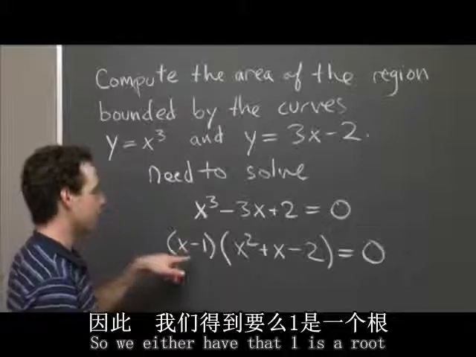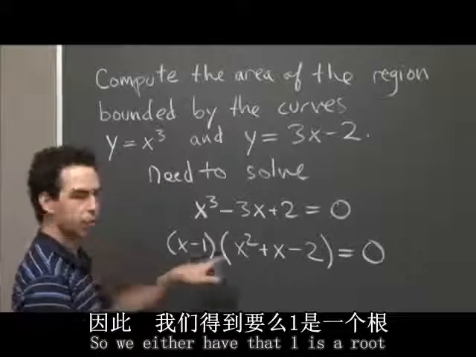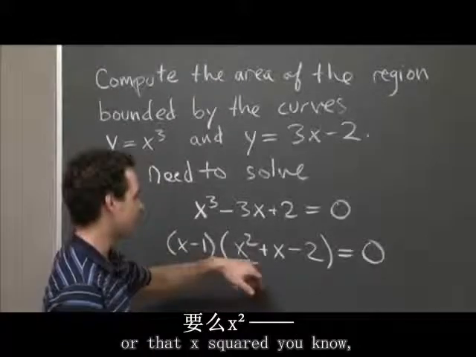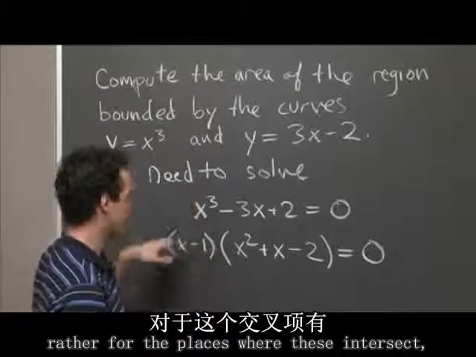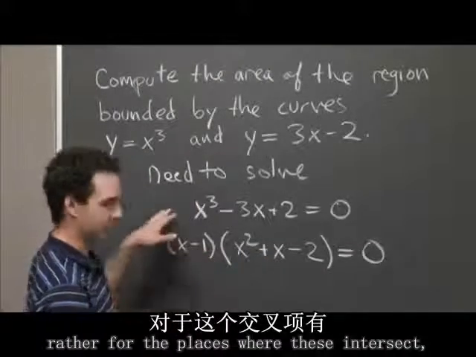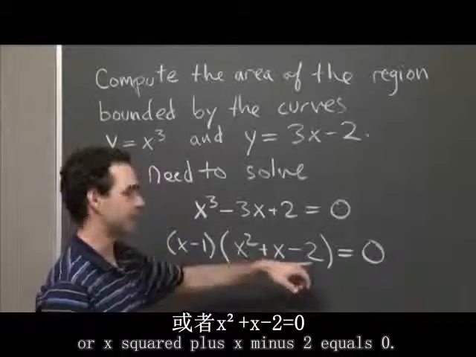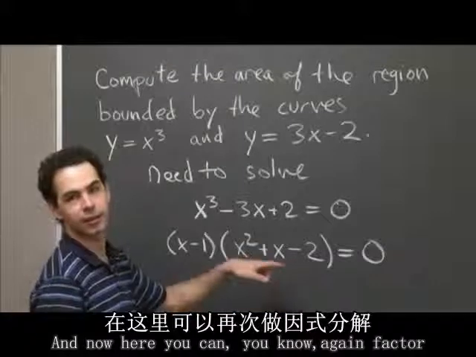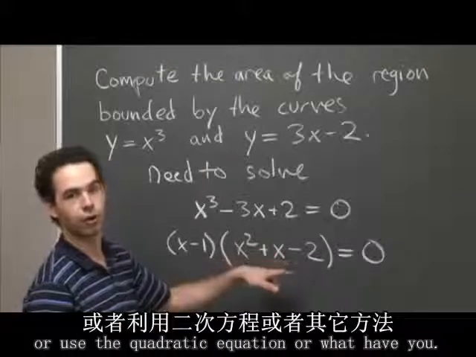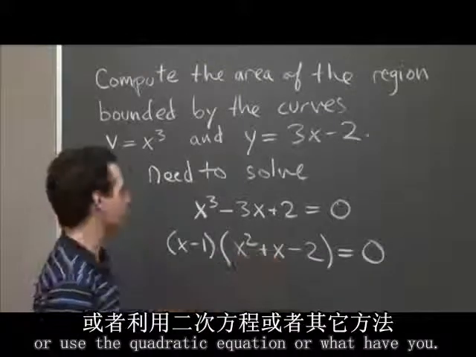So for the places where these intersect, we have either x equals 1 or x squared plus x minus 2 equals 0. And now here you can, again, factor or use the quadratic equation or what have you.